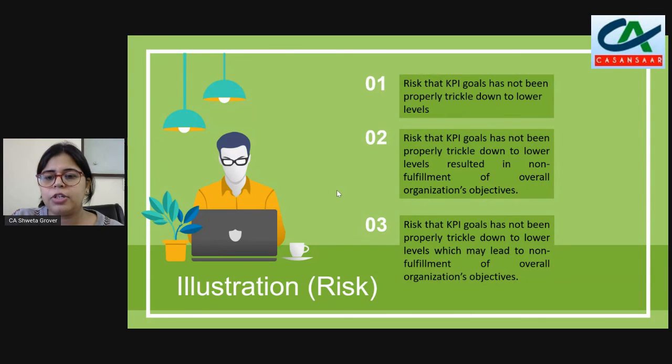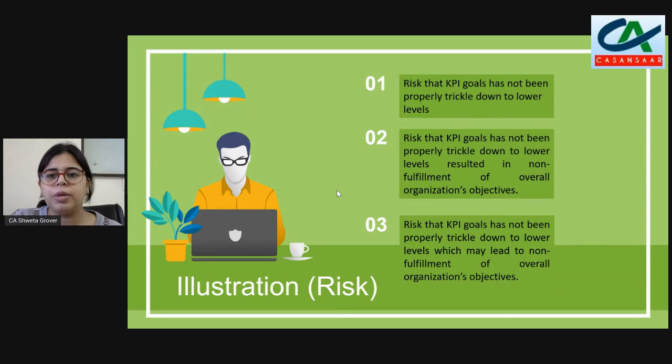So in the first language I mentioned "resulted in", but this has not resulted in, this will result in. So that is why I have corrected that language in point number 3, and instead of "resulted in", I have mentioned "which may lead to". That is which could impact अगर गलत होता है तो.